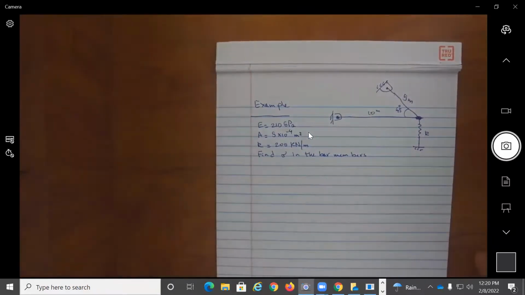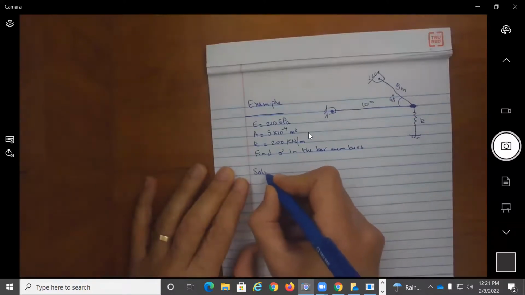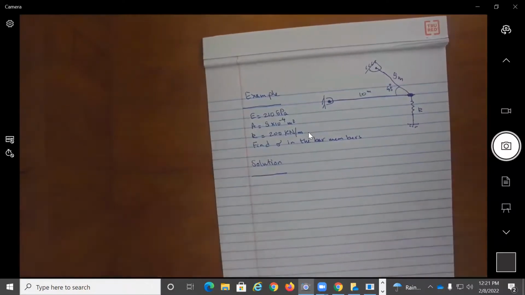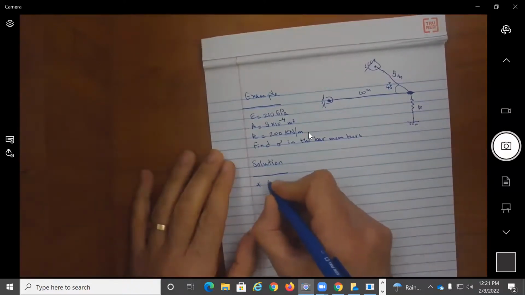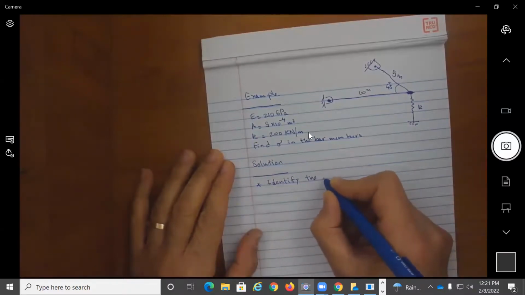And I know the time may not allow us to finish it all, but at least let's set up how we're going to approach this problem. So as we did with the previous example, we are going to identify the global axis.